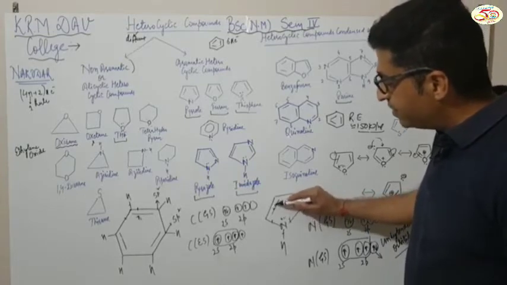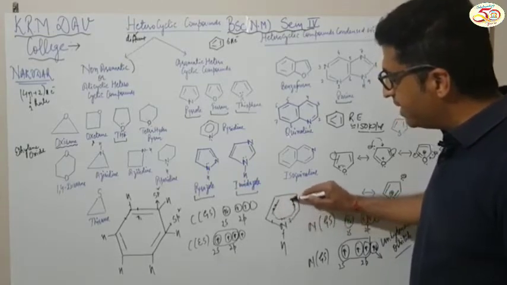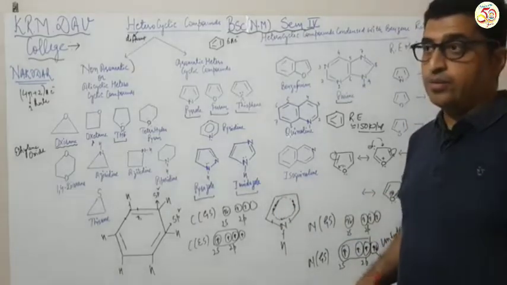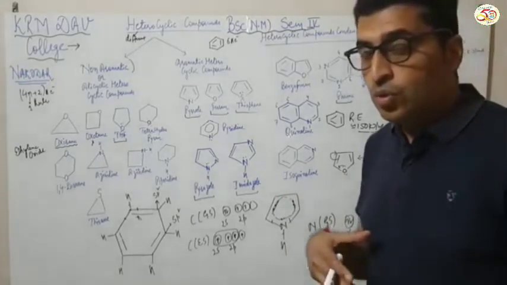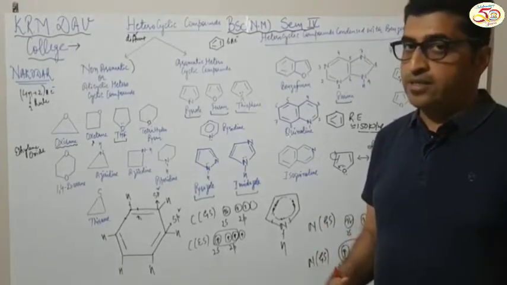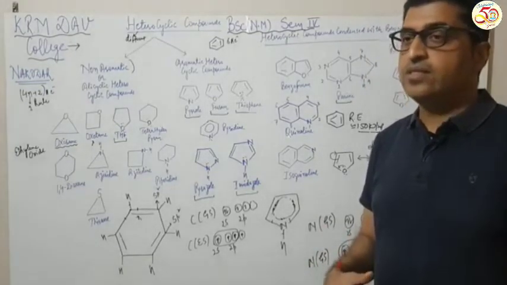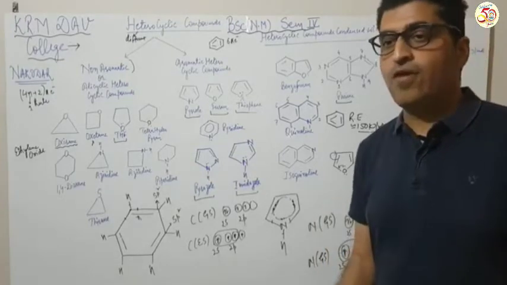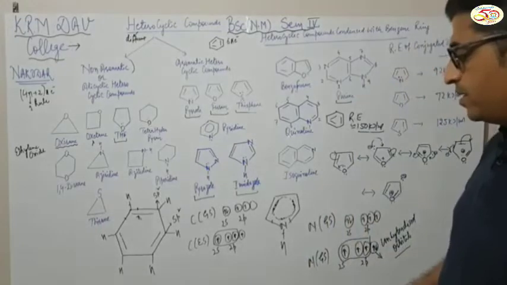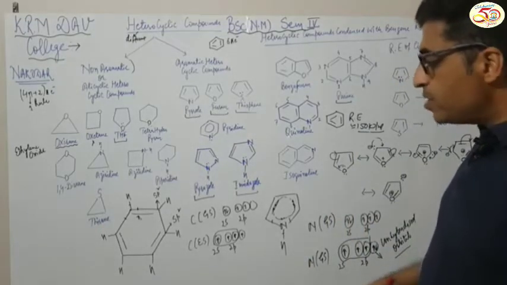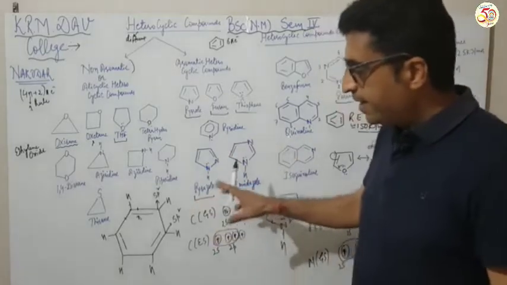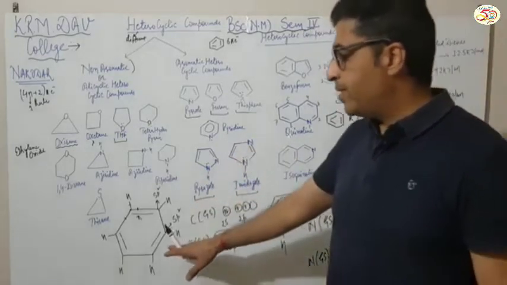we have 6 pi electrons for pyrrole, because those electrons which are delocalized always come from unhybridized orbitals. Now you are quite able to understand the structure of pyrrole by taking reference of benzene.